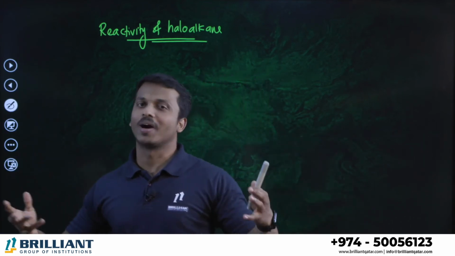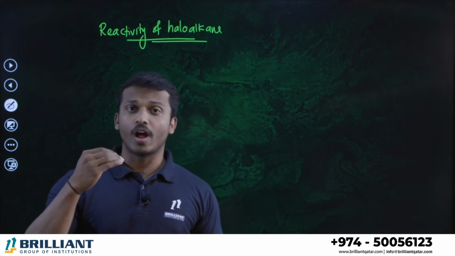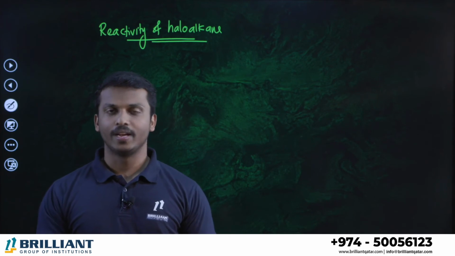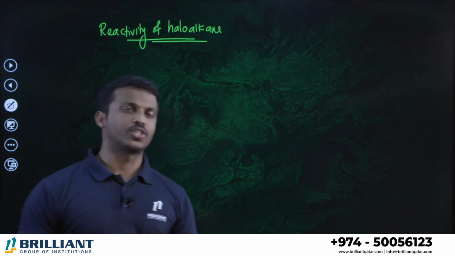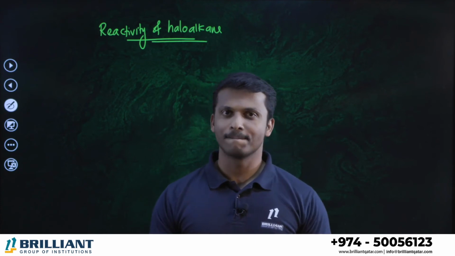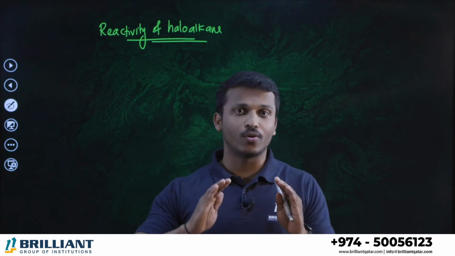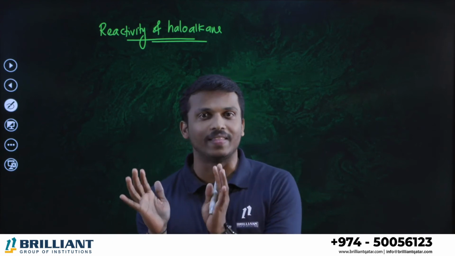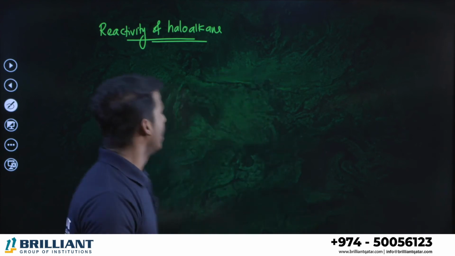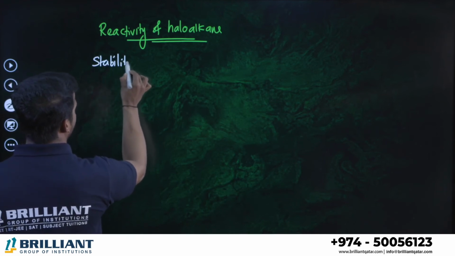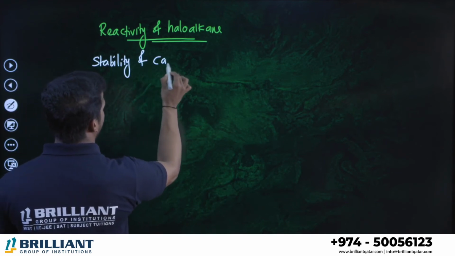So many haloalkanes are there. Which will undergo reaction faster? Dear student, in SN1 reaction, the first step we studied is formation of carbocation. So which carbocation is more stable? Accordingly, SN1 reaction is faster in that particular species. See, what is the stability of carbocation?